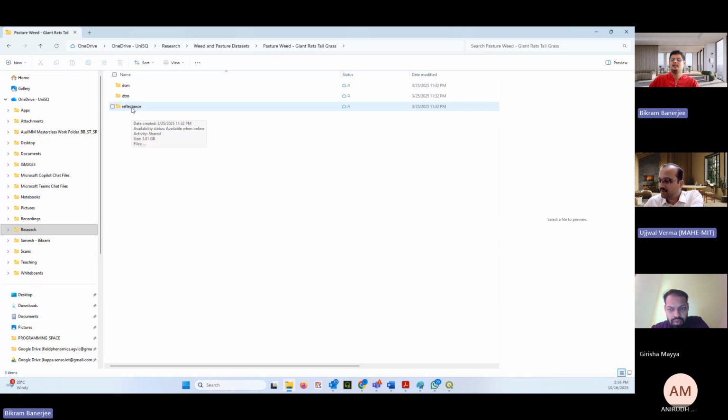Yeah. So now we understood the background and what the different files are. Just to clarify, our target would be to identify the GRT grass, right? Yes. Right. So if we don't have labels, how can we proceed?